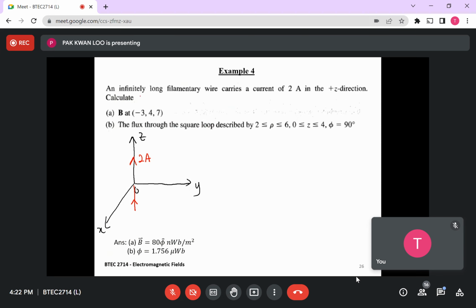You need to find the magnetic flux density at this point, and then the flux through the square loop described by these limits, the radius limit, the height limit, and also where the plane is.